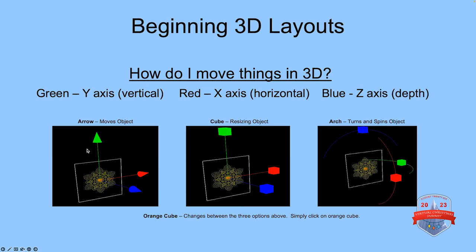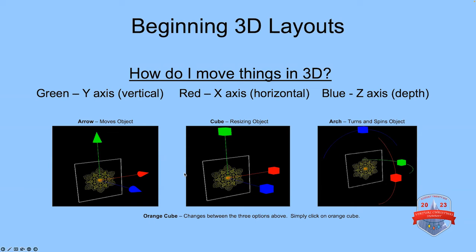That's how you physically move the object within your layout. The cube is the second selection. That's how you can resize it. I want to show you a different way to resize it in a moment, but you can use these cubes to resize. Selecting the orange cube a third time will give you your arches, which can spin and turn your objects front, back, center, etc. And I'll show you why that's useful in a moment.